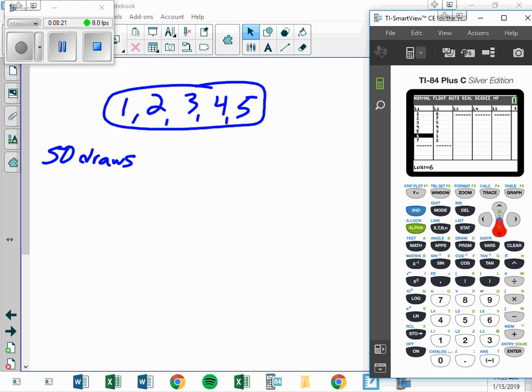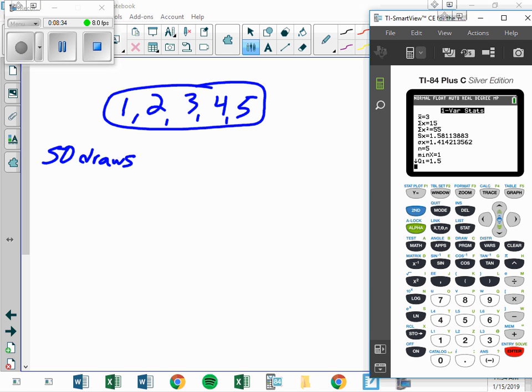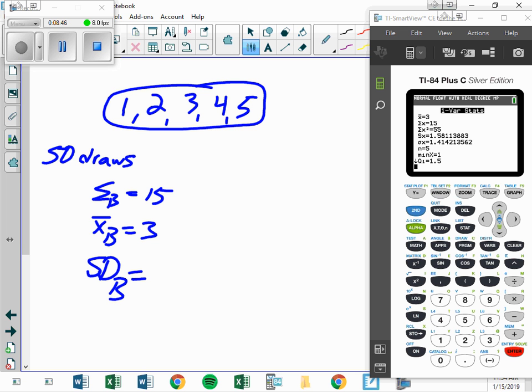So I'm just going to get rid of 6 and 7 from this list, and then do a one variable stat. And it will tell me everything I need, which is the sum of the box is 15, the average of the box is 3, and the SD of the box is 1.41, which I believe is the square root of 2.